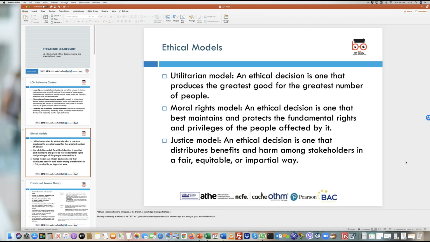So the justice model looks at primarily saying that if we make profits, then we make profit overall, whether it's stakeholders, shareholders, employees, partners, or suppliers.